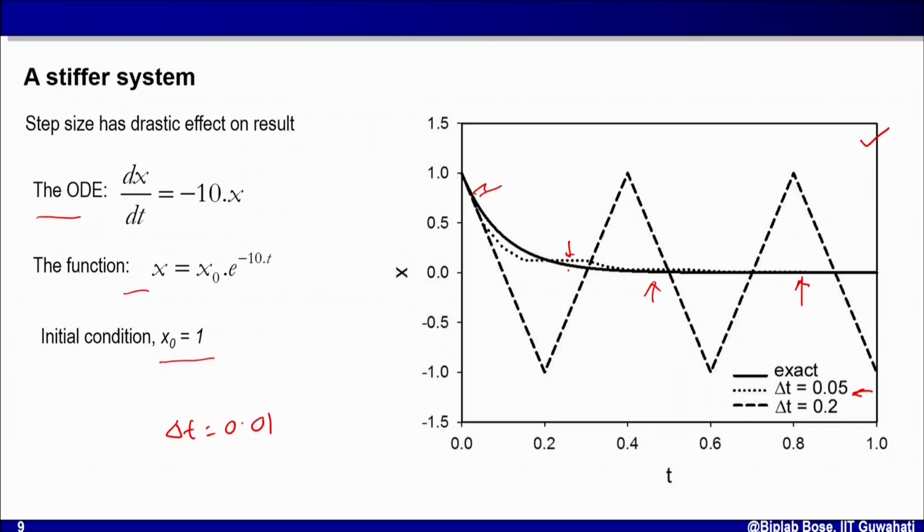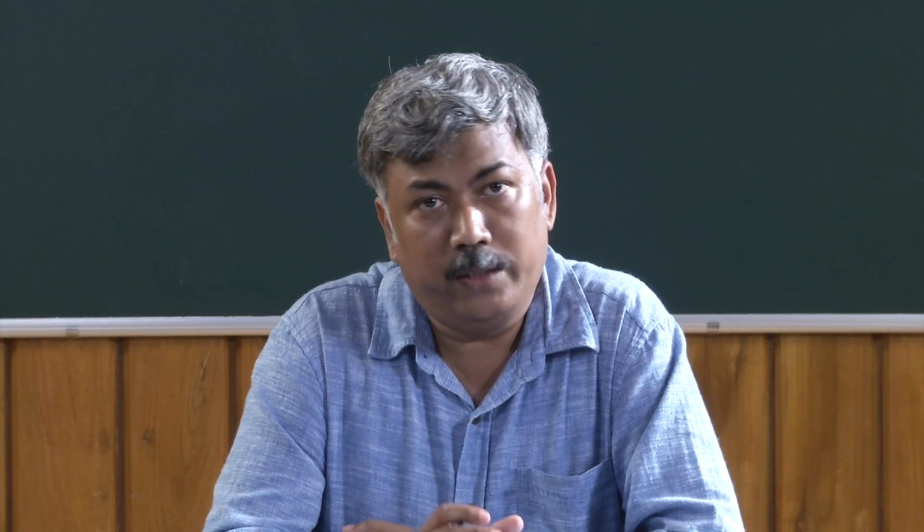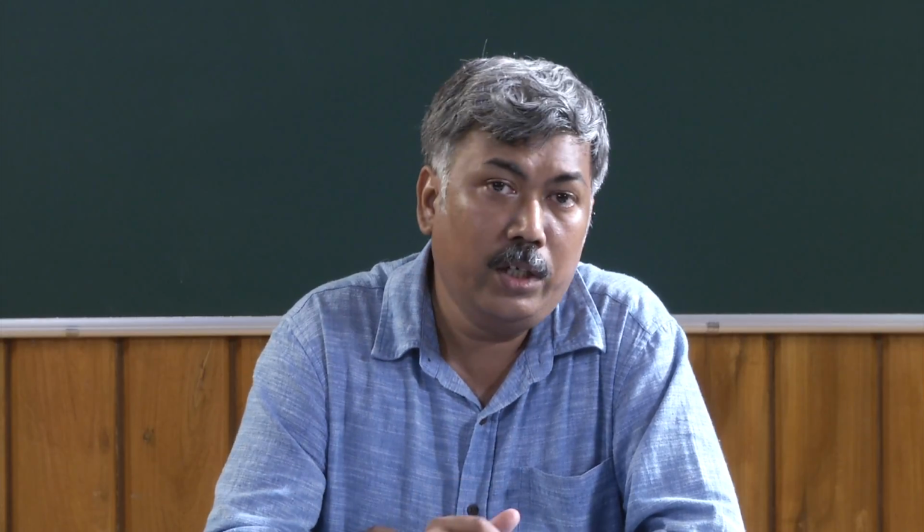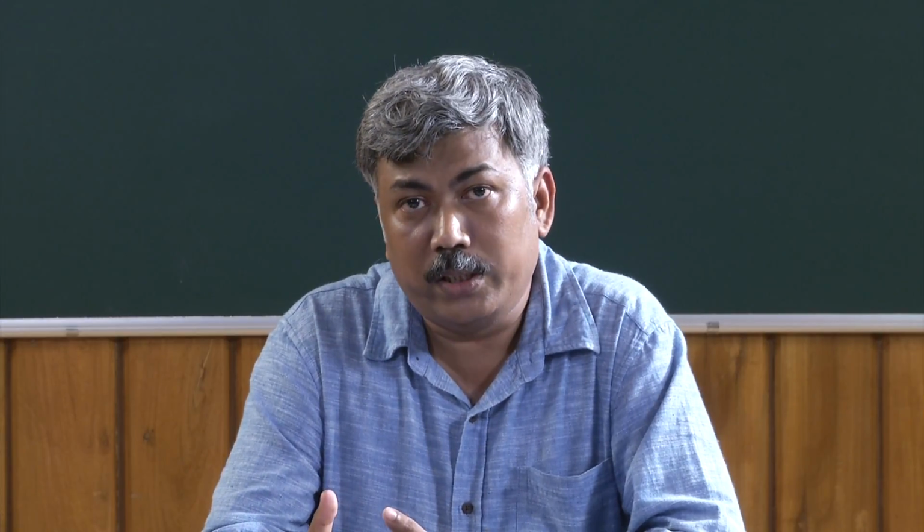But this deviation is absurdly high when you take delta t equal to 0.2. Then you can see this bigger dashed line, the value of x is almost rhythmically varying with time, which is absolutely wrong. So what I want to show you here is that Euler's method is a very simple numerical method which you can even implement in Microsoft Excel for a small system of 1 or 2 ordinary differential equations.